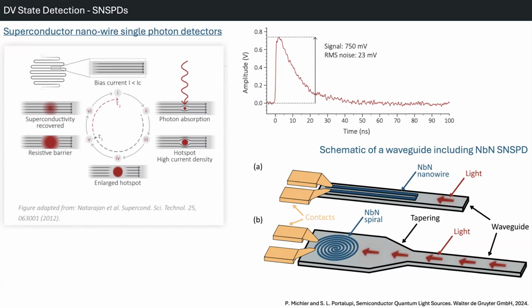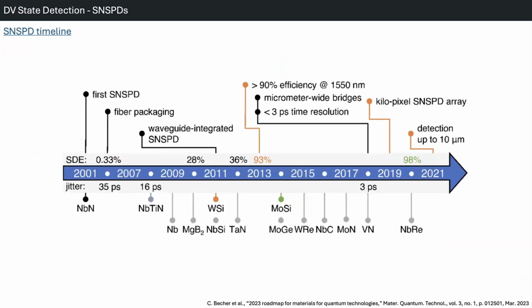And this is the typical technological representation in the top right side. How did it begin? It began in 2001 with the SNSPD demonstration in the literature. Then there was another quantum hype in the beginning of the 2000s, due to quantum cryptography technologies.